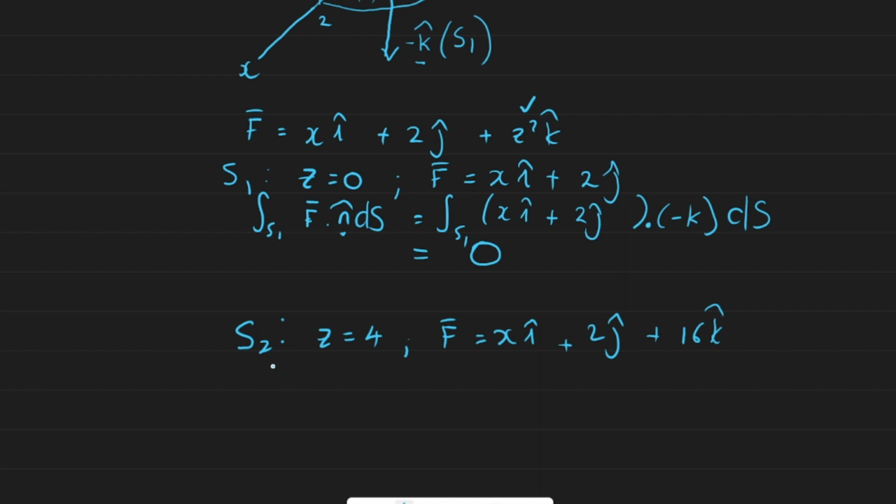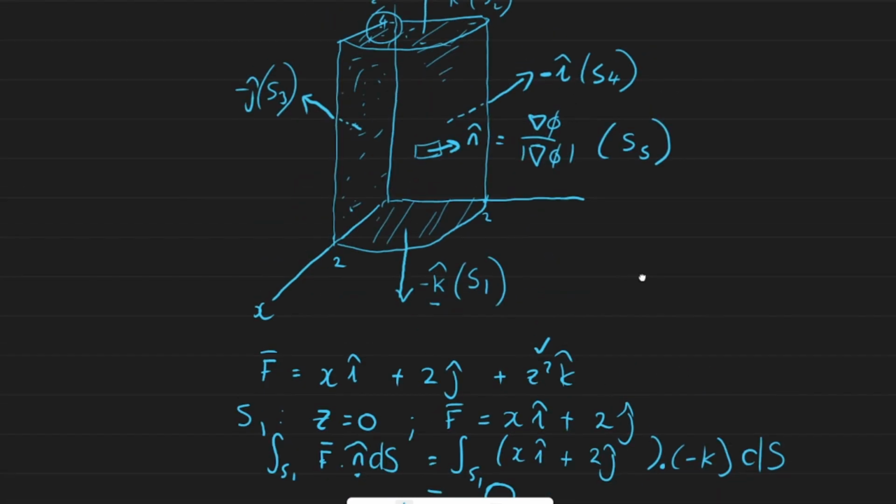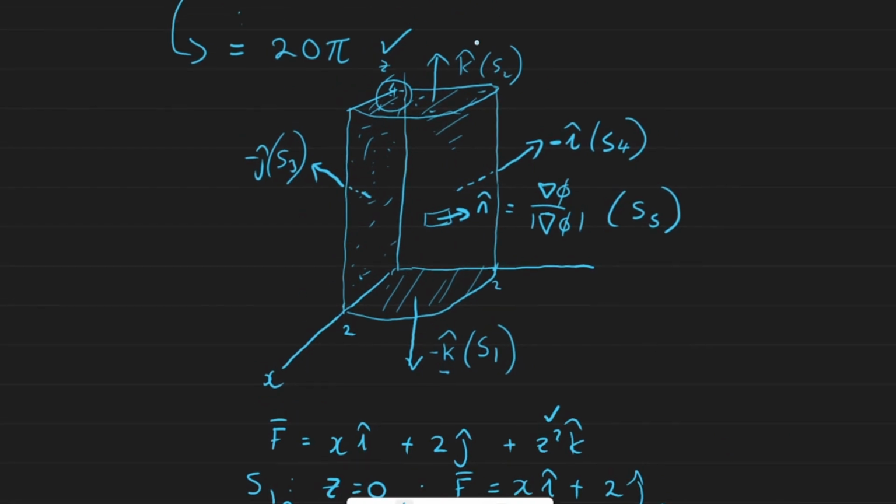So we now find our surface integral for surface 2. That is our vector dot product with the normal vector times our surface area element. And the normal vector for surface 2 we actually saw was just k. So we substitute k in.